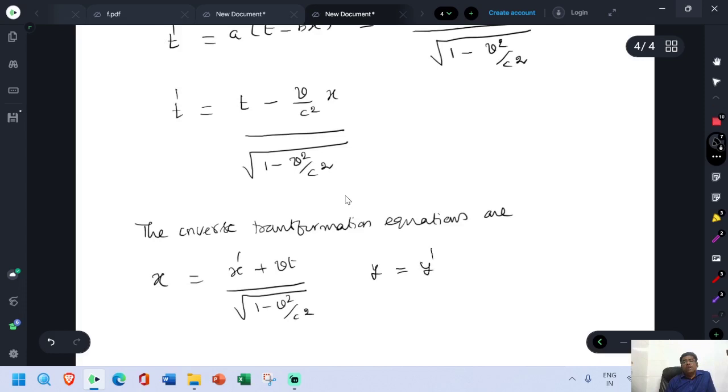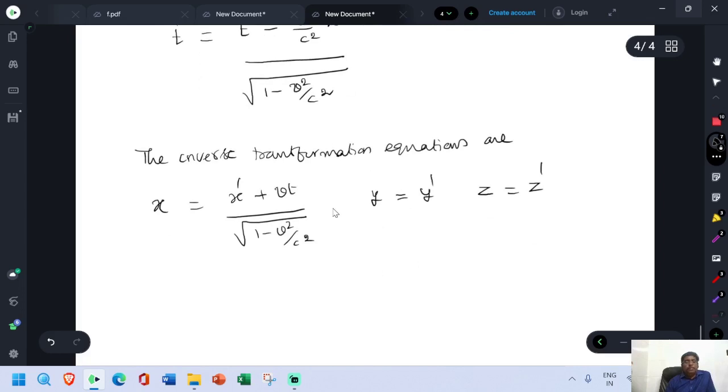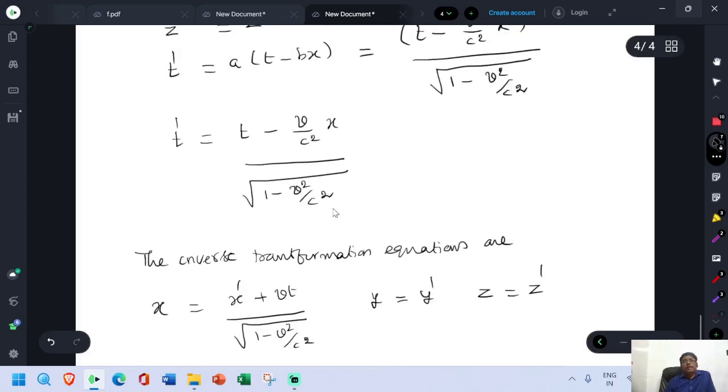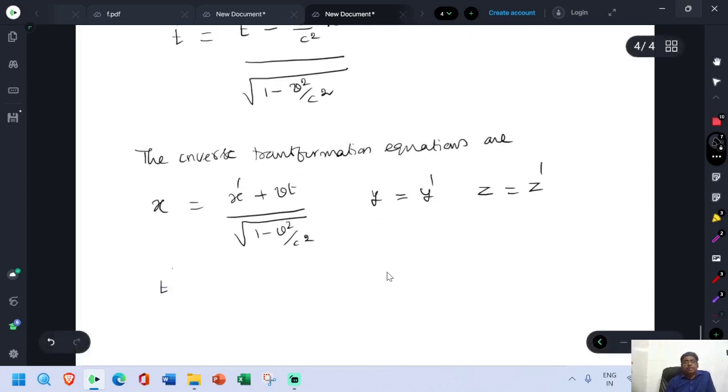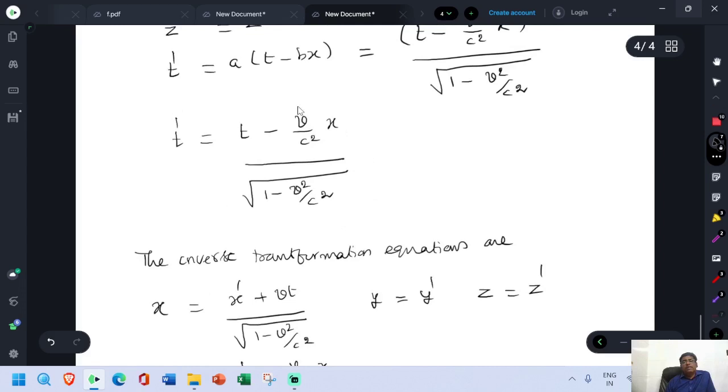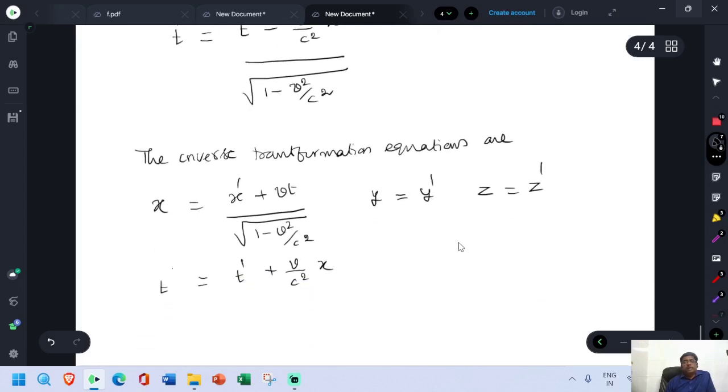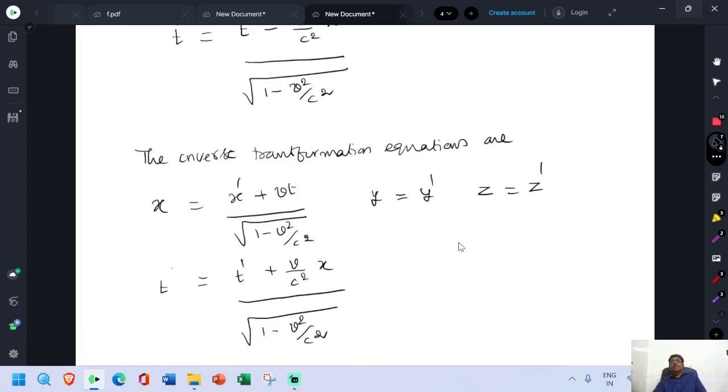Y equal to y dash, z equal to z dash. Then t equal to t dash plus v by c square into x divided by root of 1 minus v square by c square. Here this minus v is changed to plus v. These are all called inverse transformations.